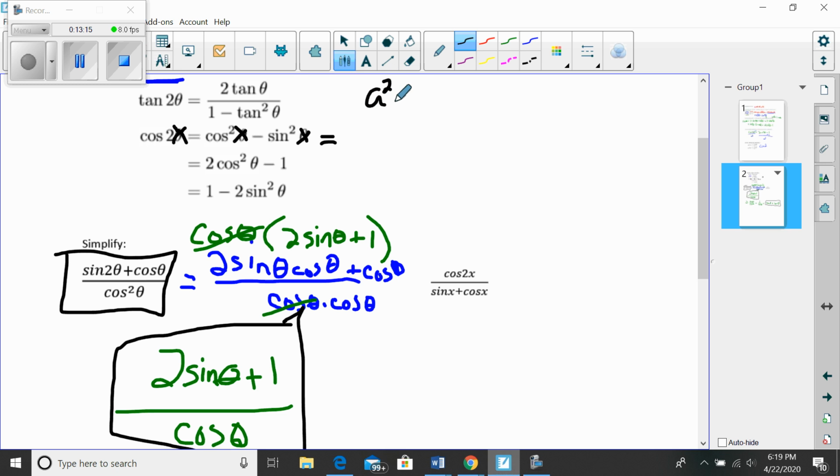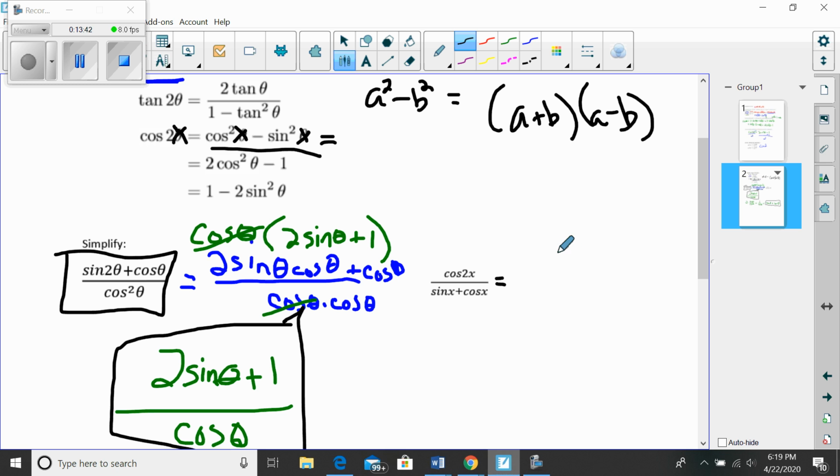Like if I had a squared minus b squared, I could factor that into a plus b, a minus b. So this expression, cosine squared minus sine squared, if I happen to pick that identity, I could plug in exactly as is, or I could look at that in factored form.